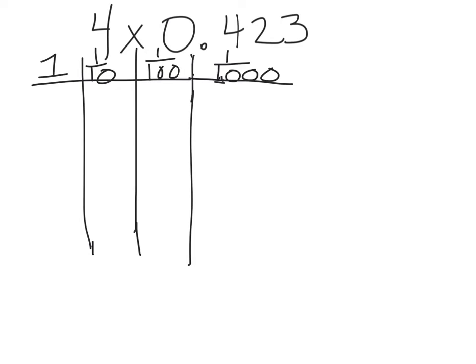So now I'm making 4 copies of 423. So I have 4 in the tenths, 1, 2, 3, 4. I have 2 in the hundredths, 1, 2. And I have 3 in the thousandths, 1, 2, 3. I'm going to make 4 copies of each.